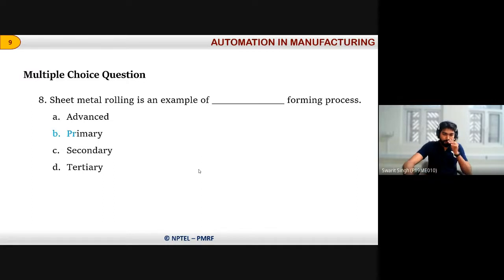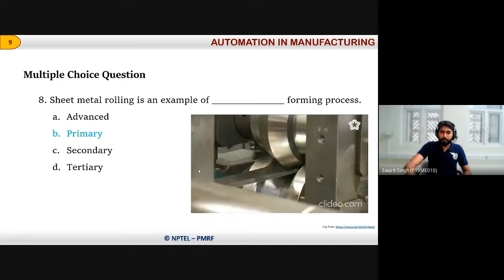Okay, so I would say this is a primary process. What is sheet metal rolling actually? When the metal ores are processed, they are melted, and then slabs are formed. With the help of sheet metal rolling, those slabs are converted into thin sheets.